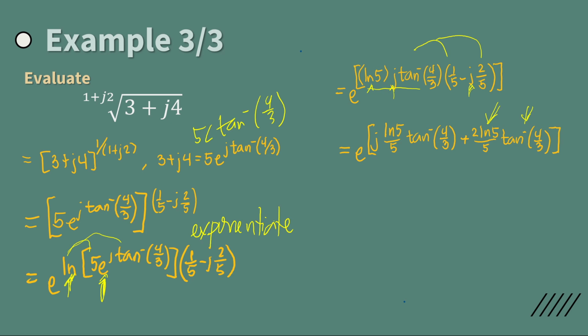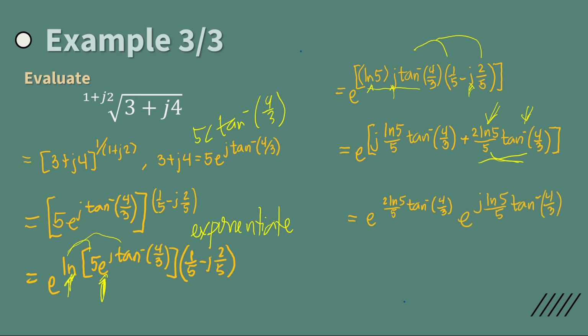Then you have an expression of e to the, actually this is the complex part and then this is the real part. What you can do next is to separate the complex and the real part. So that's the real part from this side, and then you have the other side. I hope you understand this expression.